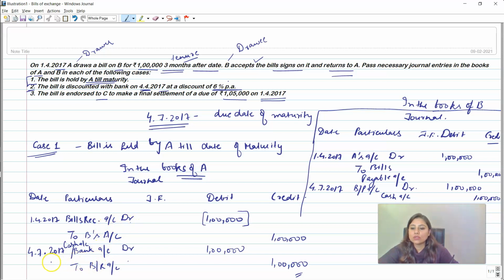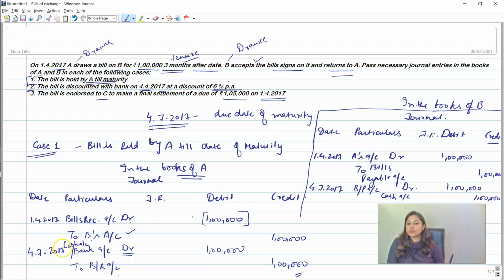And when the amount came in on the date of maturity, the bills receivable account was nullified with this impact, because there are no more dues left in that particular bill of exchange. And as the payment is being received in cash or in the form of check, therefore we are debiting the account.